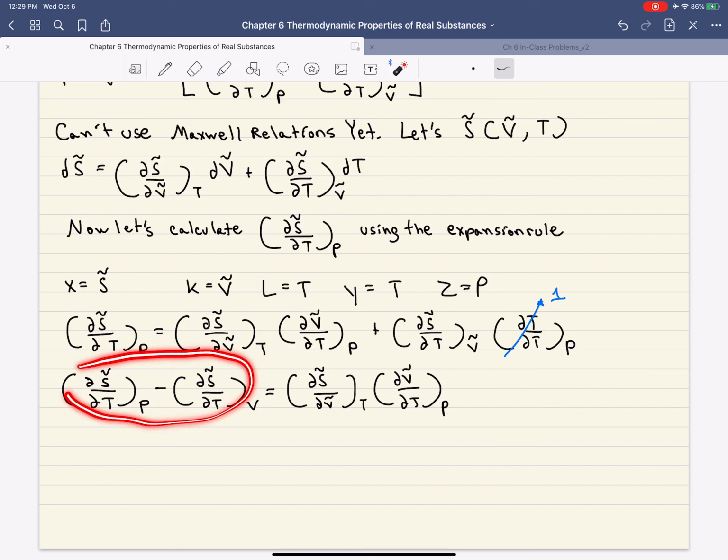We now have this difference. But over here, we still have a partial derivative in terms of entropy.